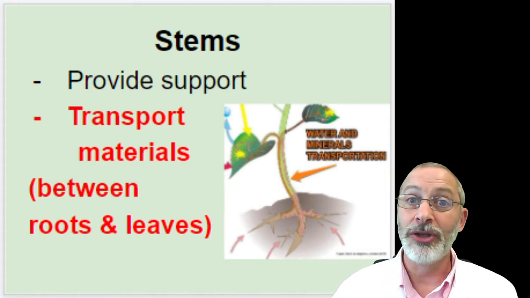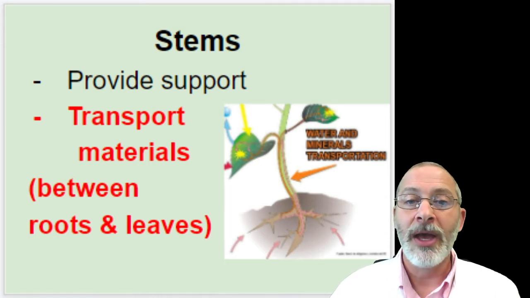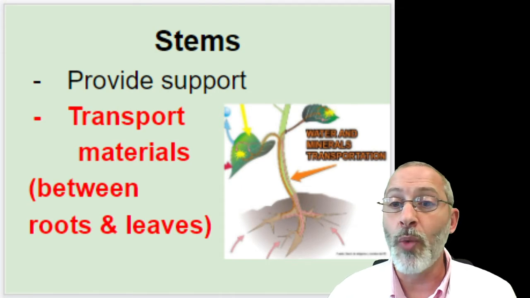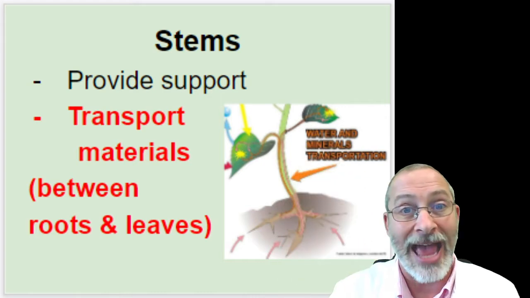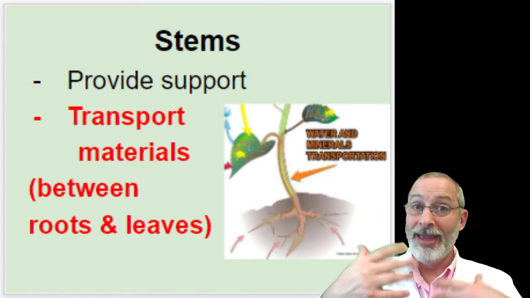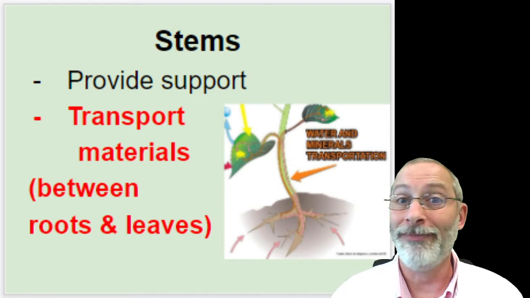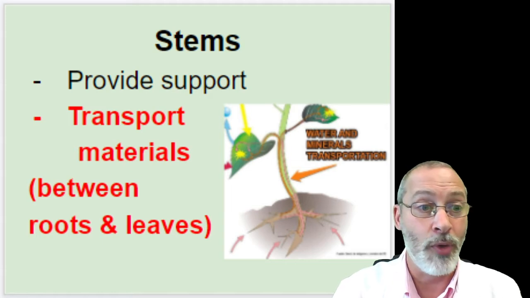And that vascular tissue can be found in the stems of these types of plants in order to transport water and minerals up and then transport the food down. And it is a cycle that continues the entire lifespan of that plant. So stems are pretty important.